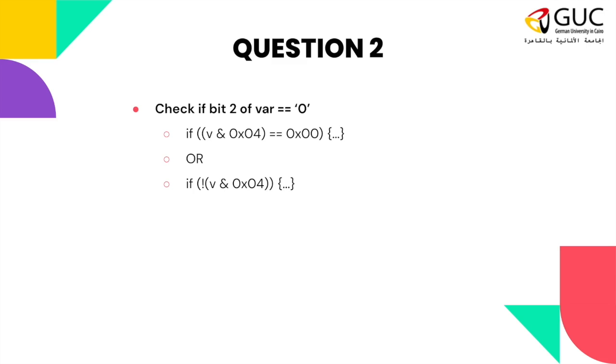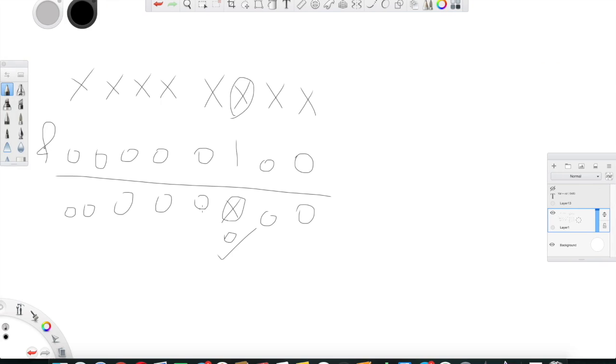Okay? So actually, if we go back here, if this x is 1, var ended with 0x04 will result in a true. However, I'm checking whether this x is 0 or not, so I need to negate it. Therefore, I put the exclamation mark, and hence the true will be flipped and will become false, because actually I want to check whether this bit is 0 or not.